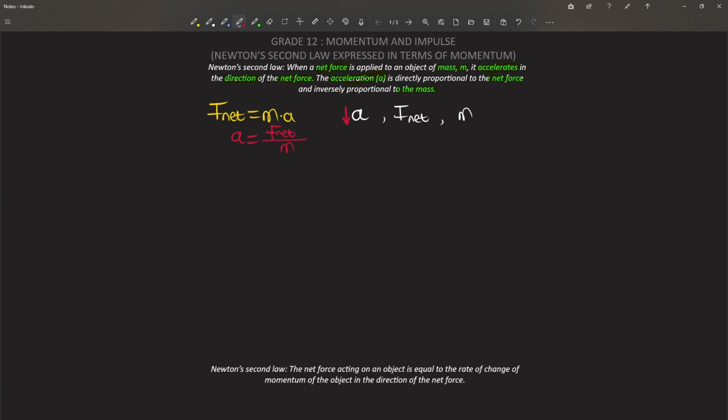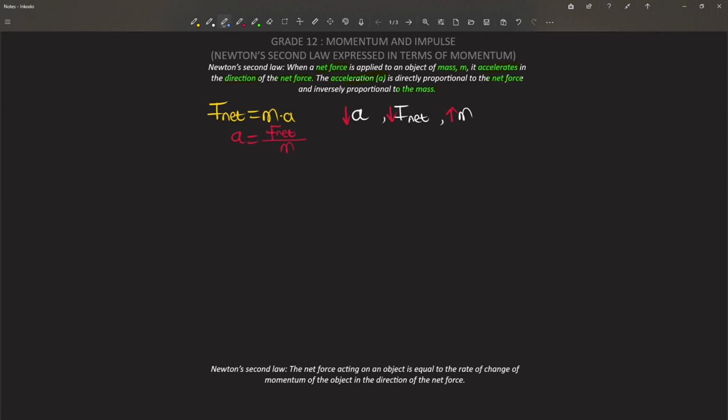This shows that a decrement in our net force will result in a lower acceleration, and an increment of our mass will result in a lower acceleration.